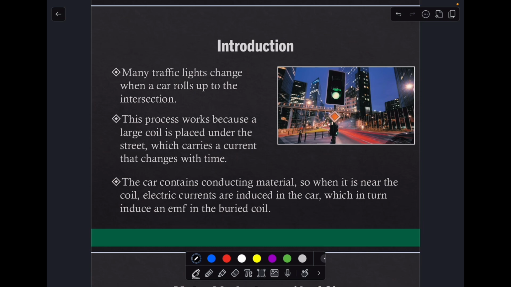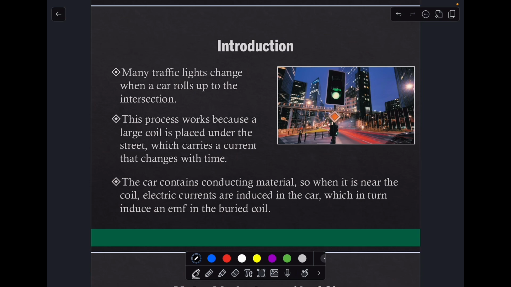So there's a lot of back and forth. The back and forth is B field, current creating another B field creating another current, back and forth, back and forth. Okay, so the current changes in the circuit embedded in the asphalt because of the presence of the conducting car. And that's essentially how the traffic light sensors work.